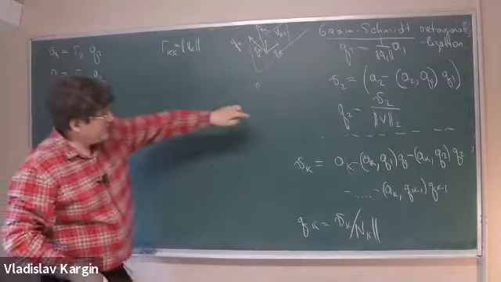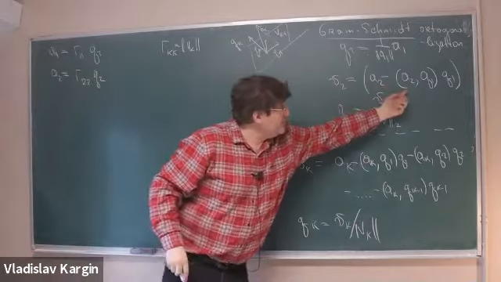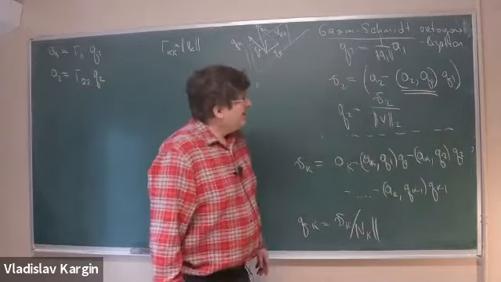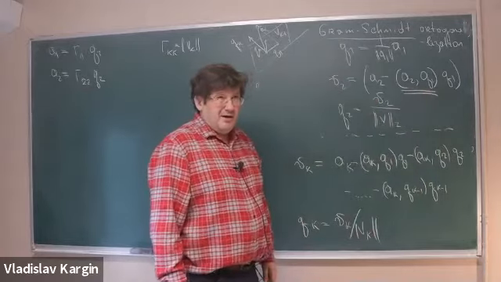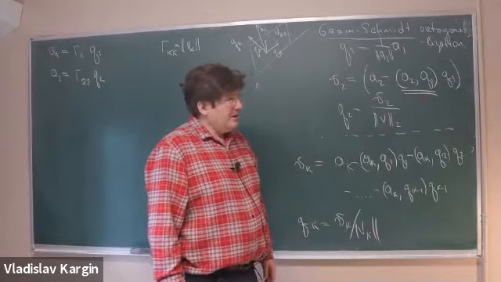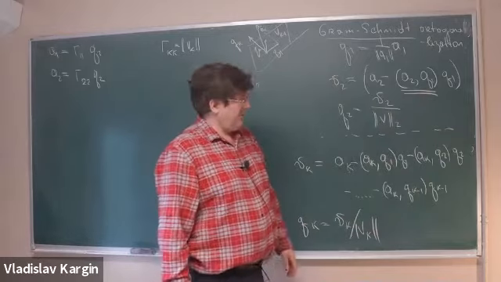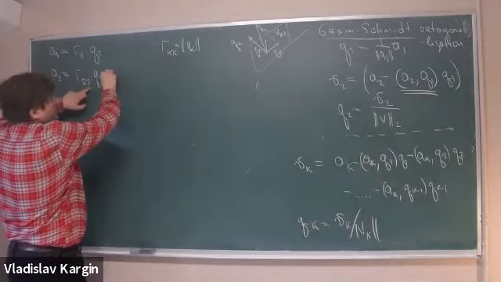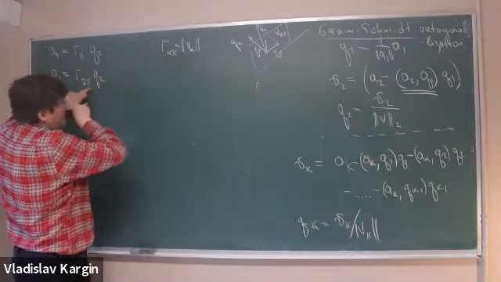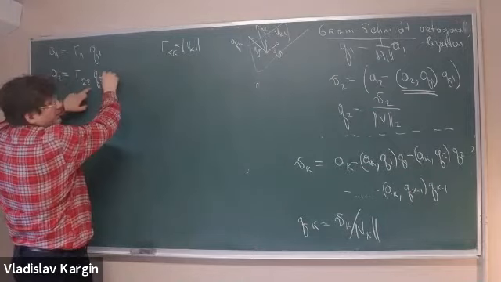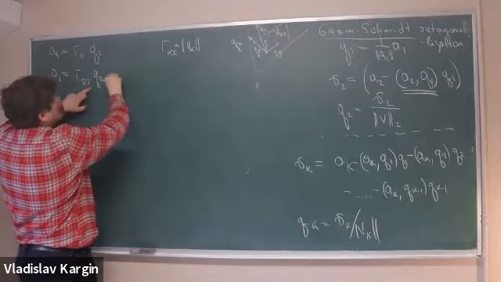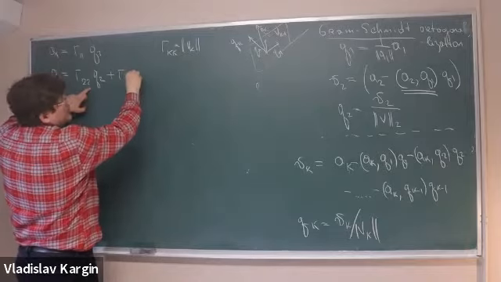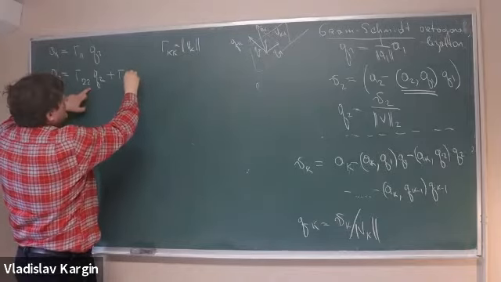So this becomes V2 plus this thing, and we call this thing R12, I think. Let me check it. Yeah, R12. So plus R12 Q1.